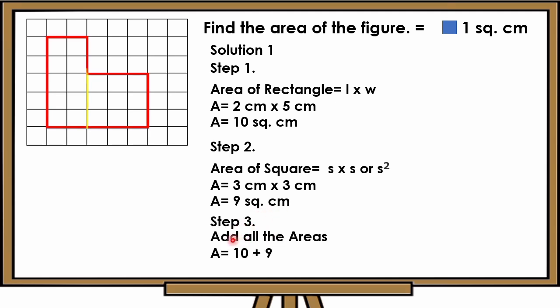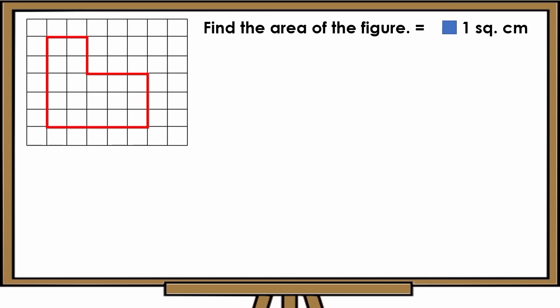Step 3, let us add all the areas. So, yung area ni rectangle at area ni square ay i-add natin. 10 plus 9 is equals to 19 squared centimeters. So, same figure tayo, pero ang gagamitin ngayon natin ay solution 2.